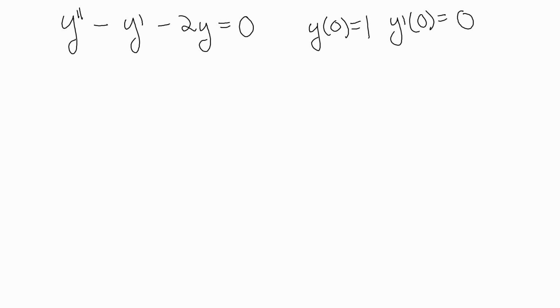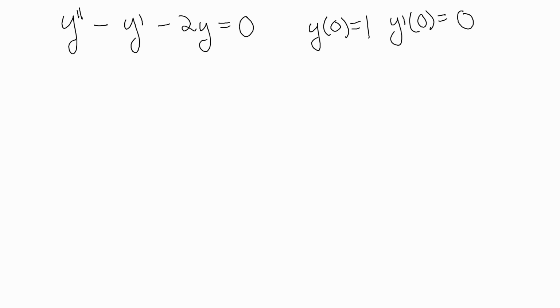So this is a homogeneous differential equation that I found online, and today we're going to be going over the method in which we would solve this by using the Laplace transform method. In short, and we'll review this at the end, you take the Laplace transform of each term to convert this differential equation into an algebraic equation.